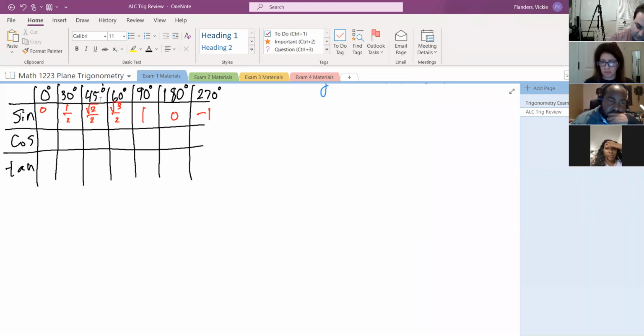Okay, so here's a crossover with the next topic. A big major identity is that the sine of any angle is going to be equal to the cosine of its complement.